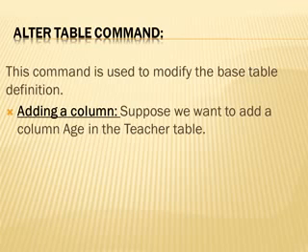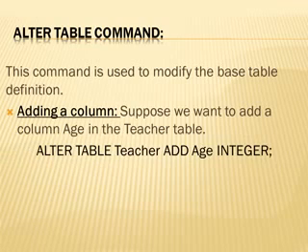So it is very simple, we have to just write this command in SQL, alter table, the name of the table was teacher, and then you have to use this command add and then age, and the type of age is integer value. So age cannot be a decimal, neither it can be a character, it will be integer value.